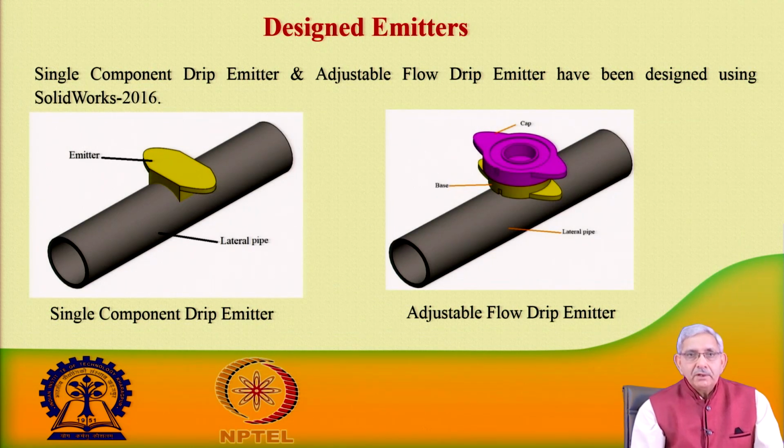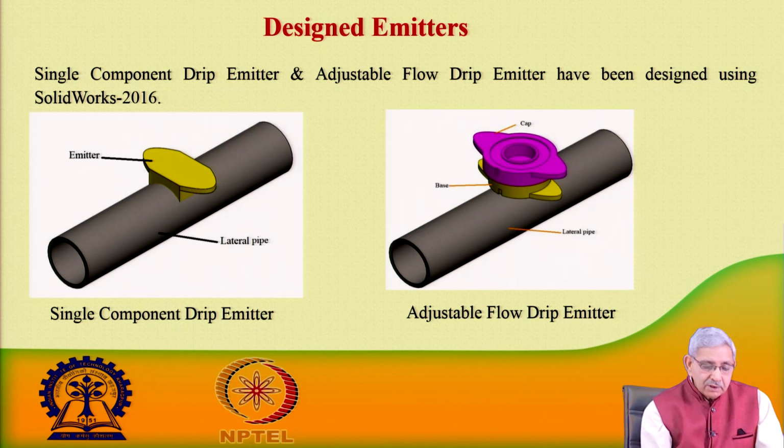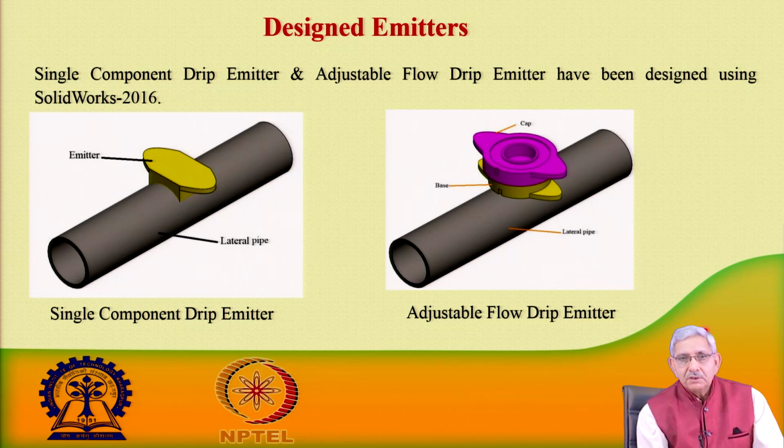So, we have applied those features and designed the single component as well as adjustable flow drip emitters using the software which I have told you. A typical commercial dripper available in the market has 3 components, but we wanted to reduce the total material and make it clogging free.